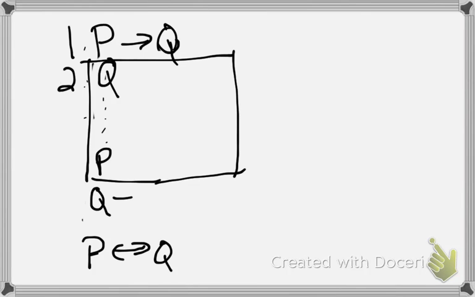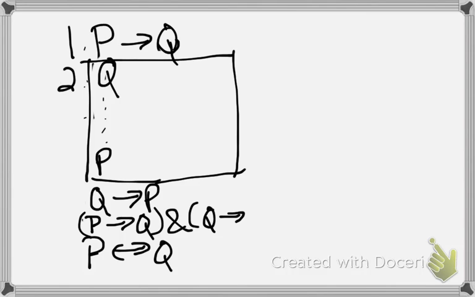And then we create Q arrow P. And then we put these together to make P arrow Q and Q arrow P. And then get P if and only if Q by biconditional expansion. So we only have to do one subproof as opposed to two. So that's maybe a slight advantage sometimes.